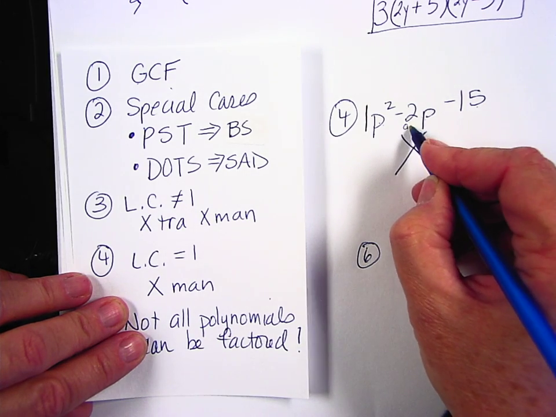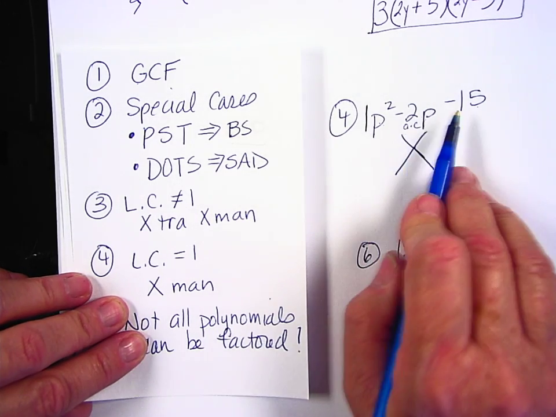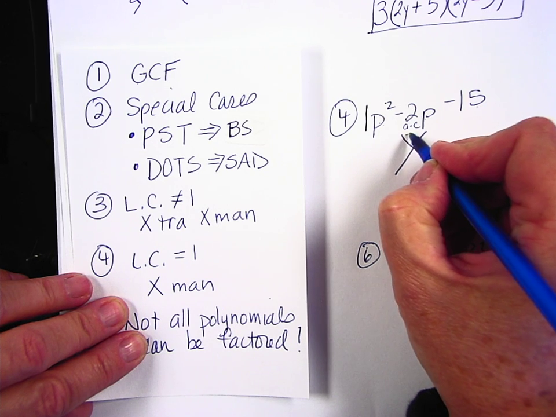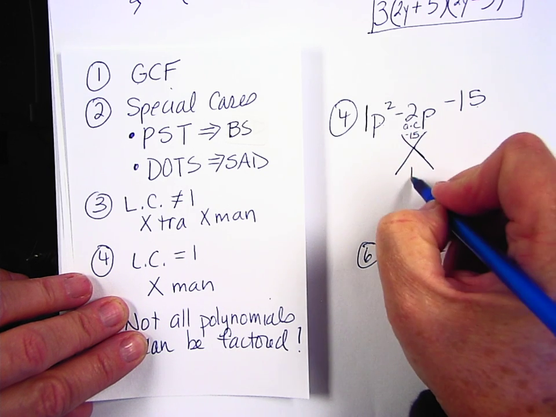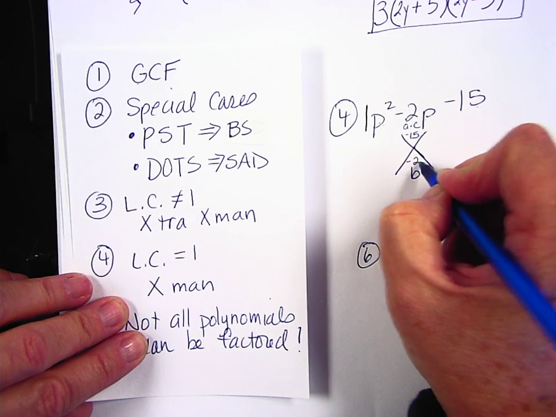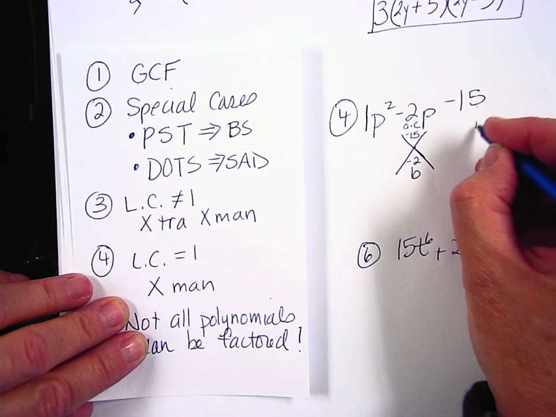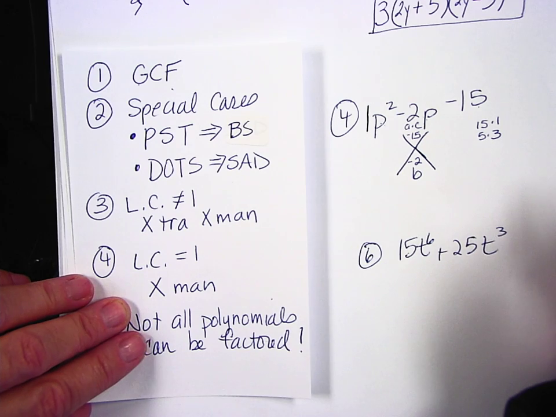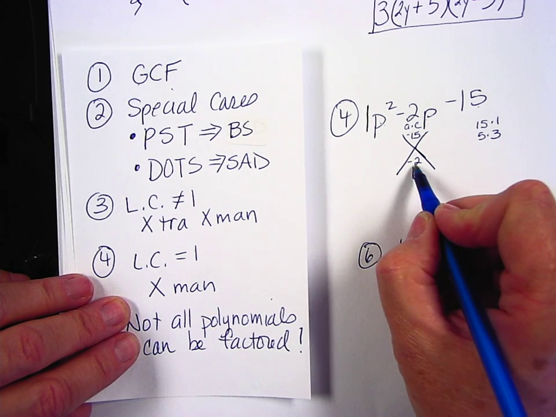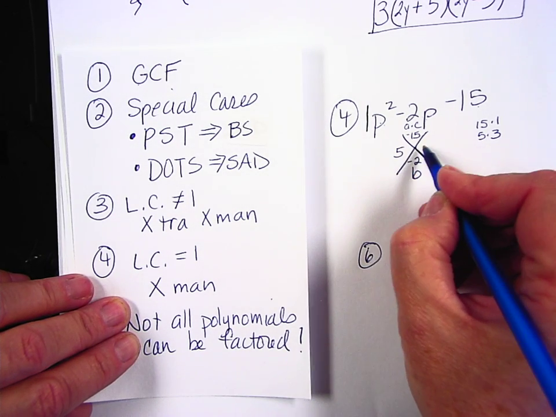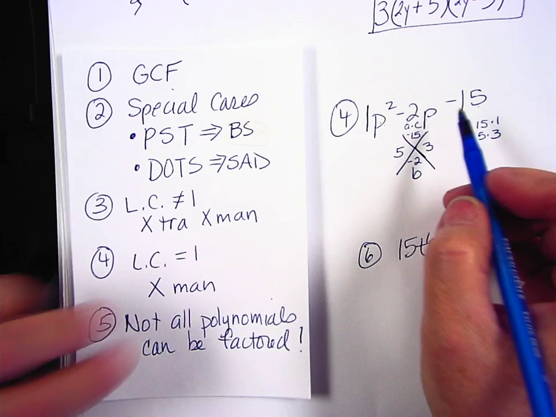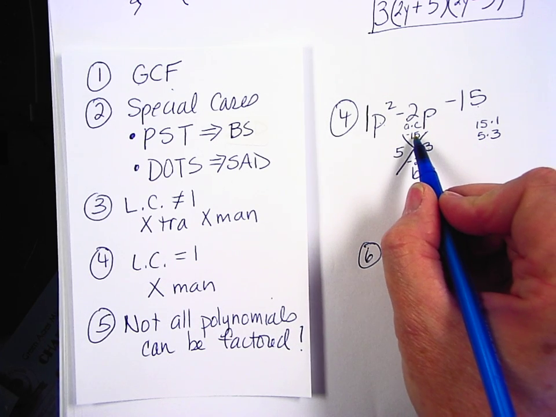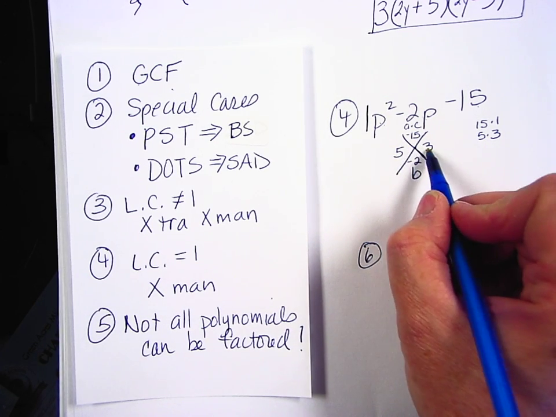A times C, A is 1, C is negative 15. Multiply them together, you get negative 15. B is negative 2. How do I make 15? Let's see, 15 times 1, 5 times 3, I think that's it. 5 and 3 are 2 apart, so let's look at those. If I'm going to multiply these and get a negative number, one of them has to be negative.